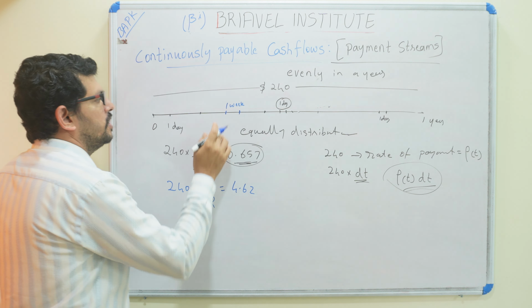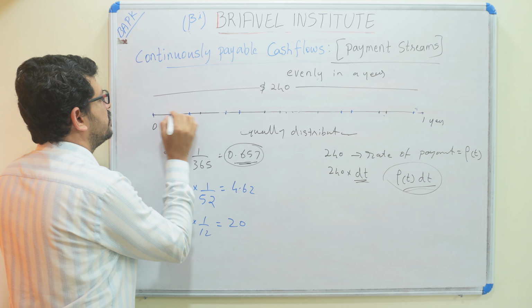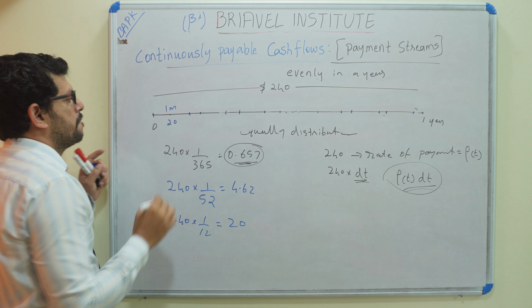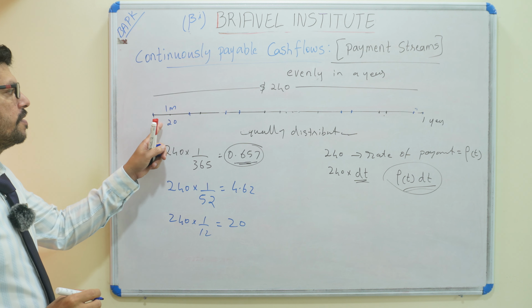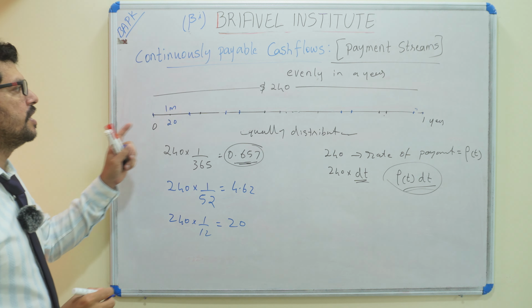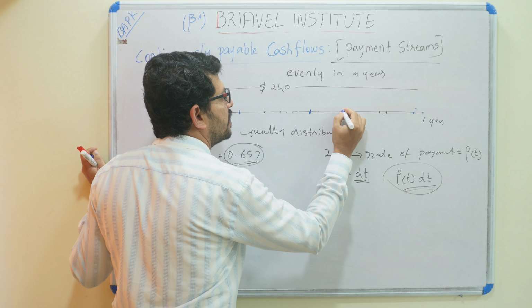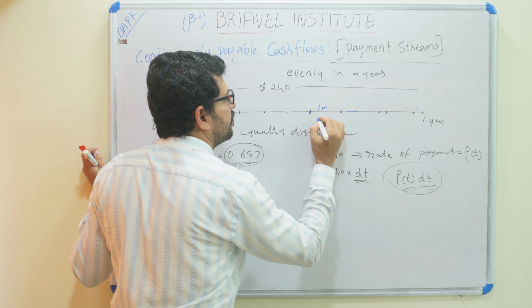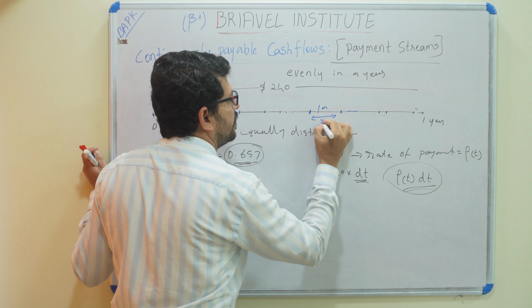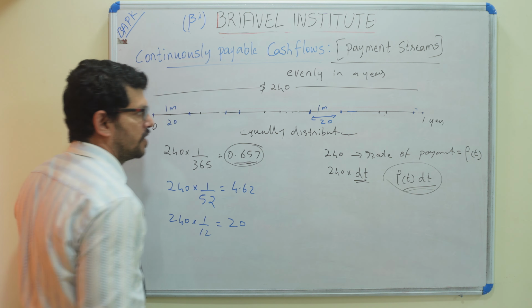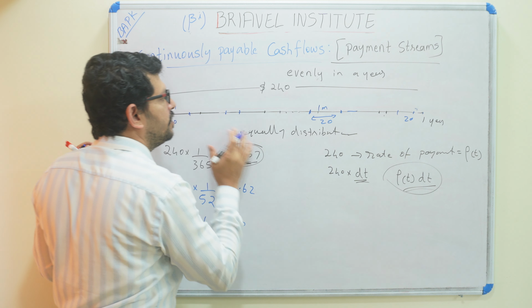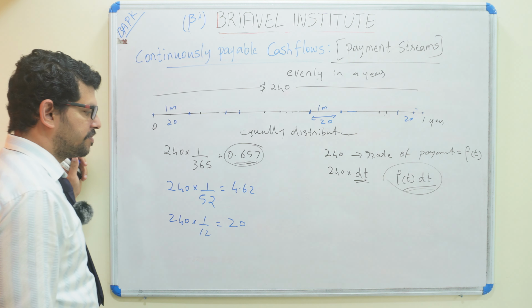For any 1 month period, the payment I receive is 20. Last month also my payment will be 20. Any month I take, my payment will be 20 because it is equally distributed.